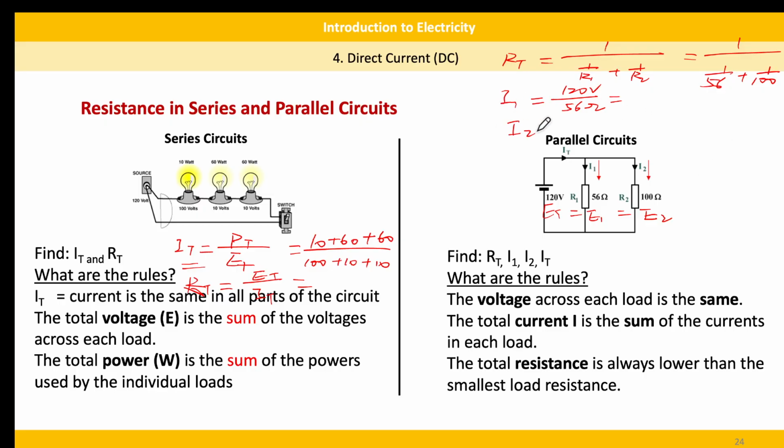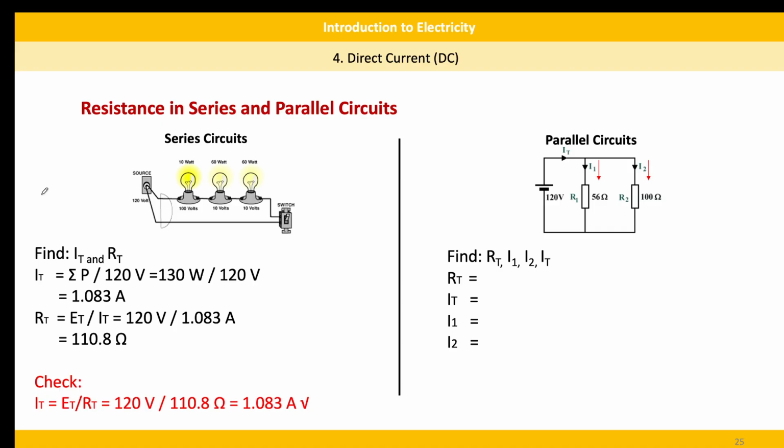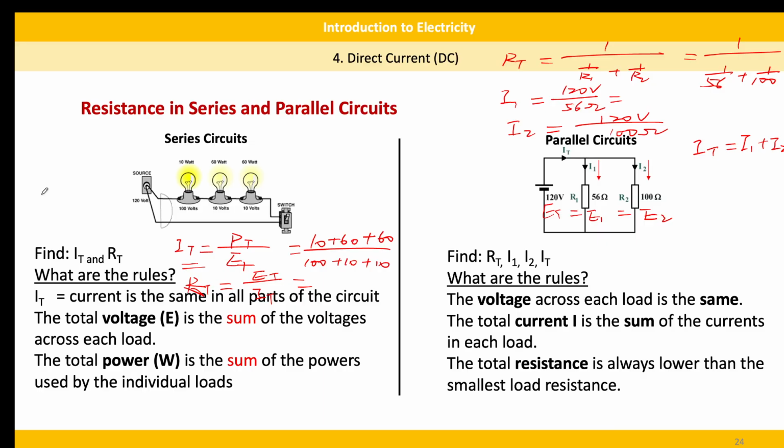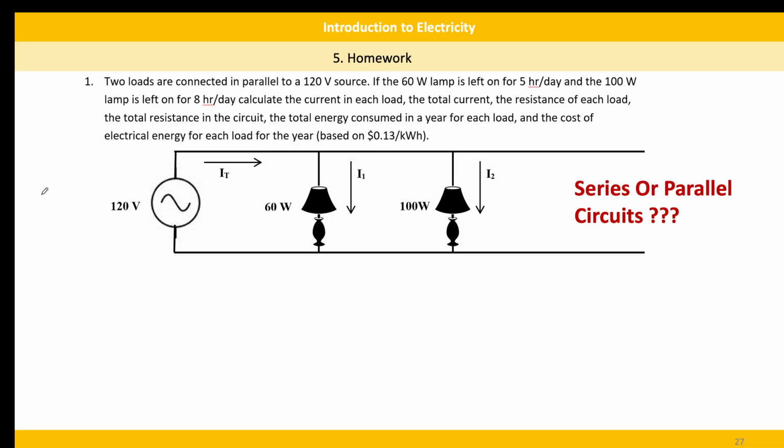And how about I2? It's 120 V over 100 ohm. This is I2. And IT is I1 plus I2. Make sure you know the relationship among them. Here I list the detailed answer, so just check. I hope you can try by yourself, stop here, and then check the answer.